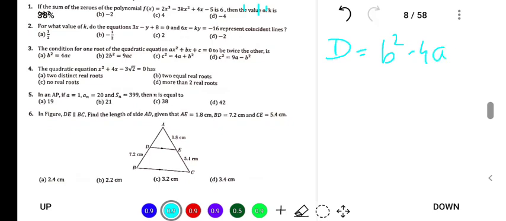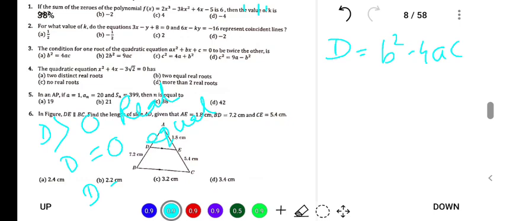If D is greater than 0, that means real roots. If D is equal to 0, then equal roots, and if D is not equal to 0, then we will get unequal roots. So these are the cases.